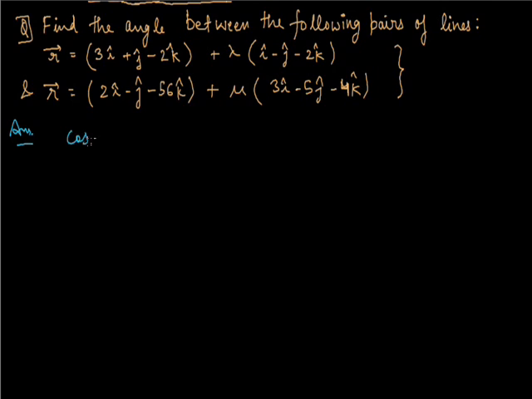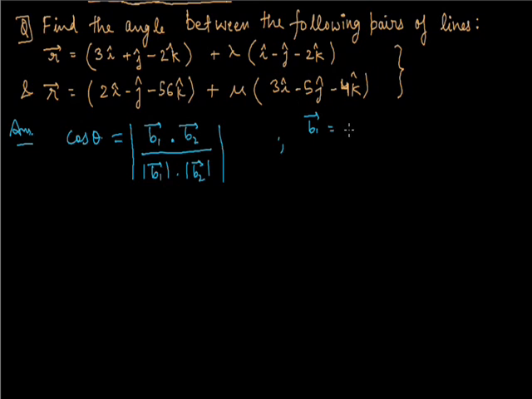To find the angle between two lines, we need cos theta. We know the formula is cos theta equals the whole mod of vector b1 dot vector b2 upon mod of vector b1 times mod of vector b2. So here b1 vector is i cap minus j cap minus 2k cap, and b2 vector is 3i cap minus 5j cap minus 4k cap.